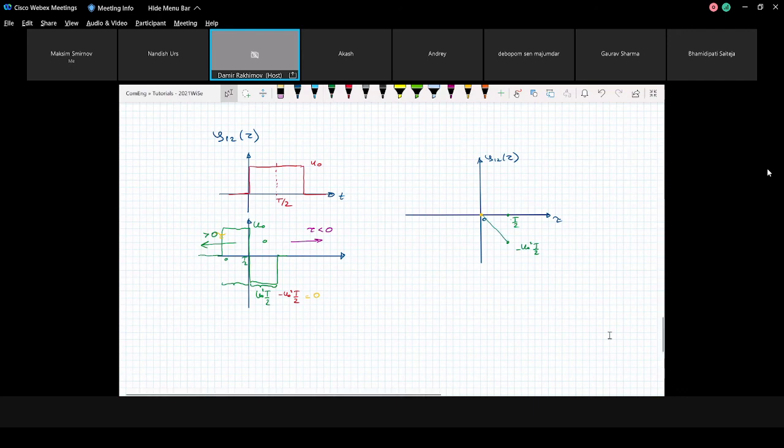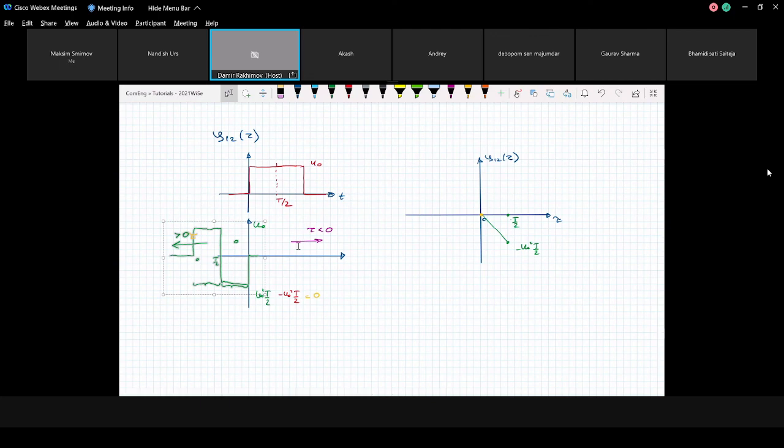Okay. Then we go further. I shifted by T. I have shifted it by T, and the result is 0, because you simply analyze the overlapping area between these two functions.